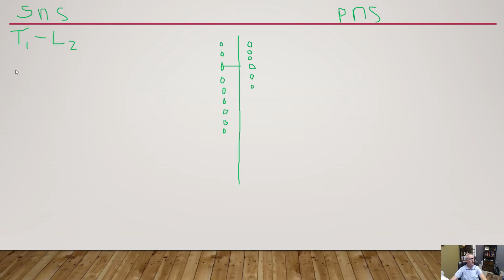So if we're drawing our nerves, we would have some sort of target organ way down here. Then we would have another nerve, our postganglionic fiber, that would be way down here. If we draw our preganglionic fiber, it would be very short because all we're doing is going from the spinal cord to that paravertebral ganglion.